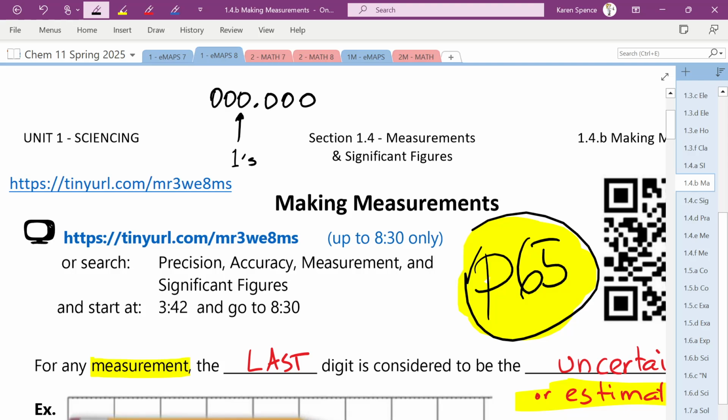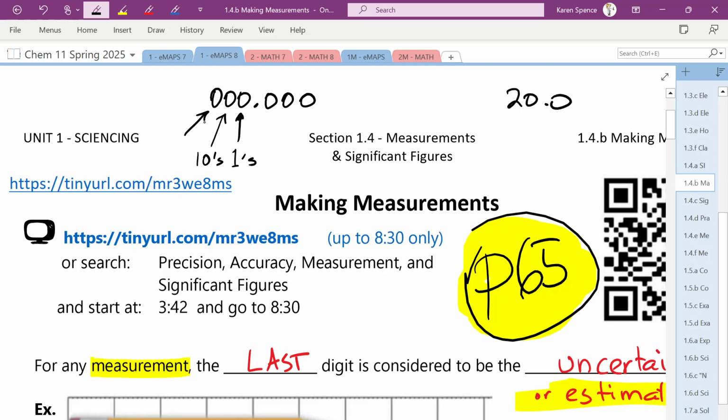If that's the 1's position, what's this one? That's the 10's position. Because what goes 2 places before the decimal is where your 10's are. So you could have 20.0. How many 10's do I have? I have 2 10's. So that's our 10's position.